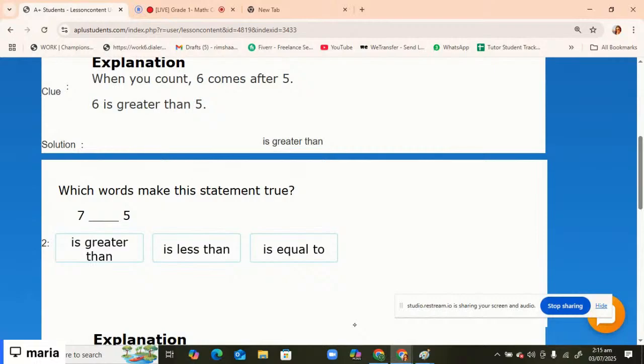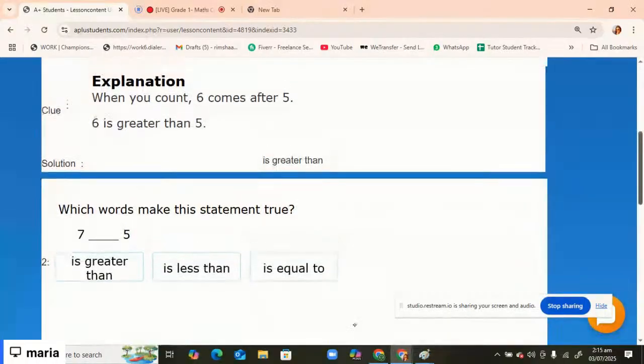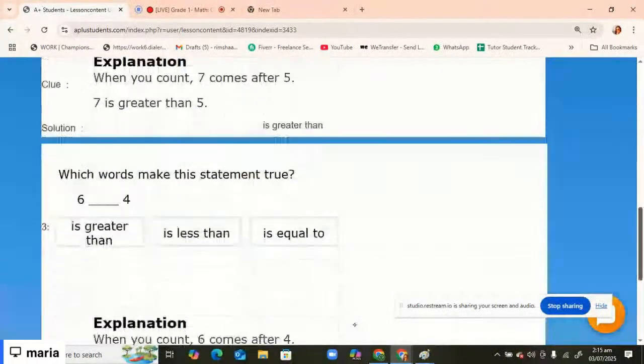Just tell me the answer of this one. 7 and 5. Which is the right option? So 7 is greater than 5. Because this is the greater number, we are going to write it down this way.